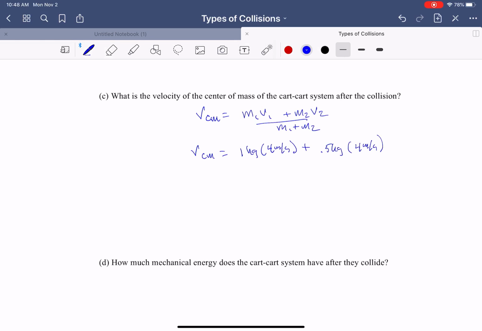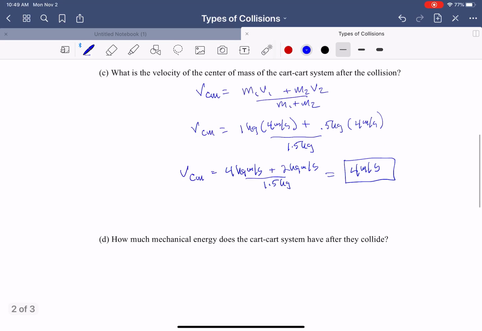That's what I just calculated. Divided by 1.5 kilograms. So the velocity of my center of mass is 4 kilogram meters per second plus 2 kilogram meters per second divided by 1.5 kilograms. So the velocity of my center of mass is 4 meters per second. A lot of 4 meters per second in this question.